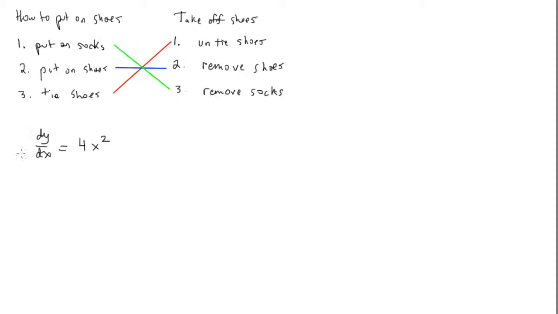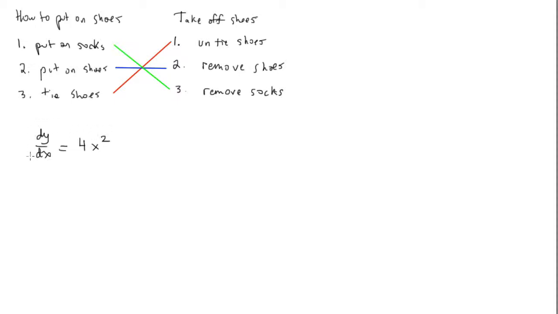Now, this is a little backwards from what we've normally said. Normally, I give you a function, and then it's your job to figure out what the derivative is. But now we're going to go the opposite direction. I'm going to tell you the derivative, and I want you to tell me what function has that as its derivative.